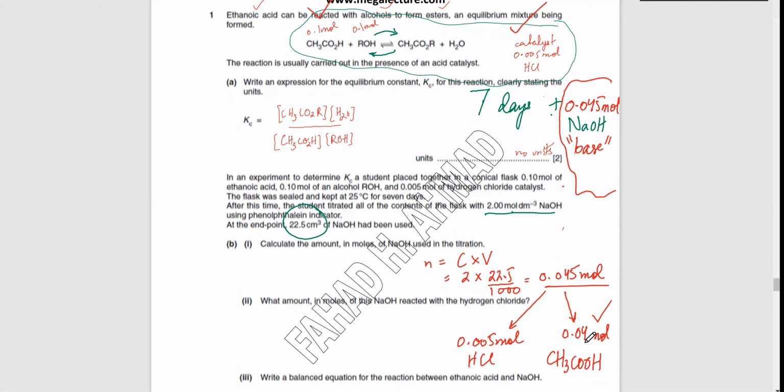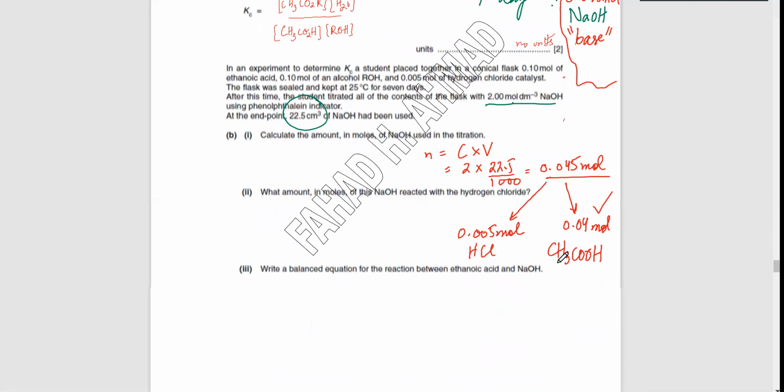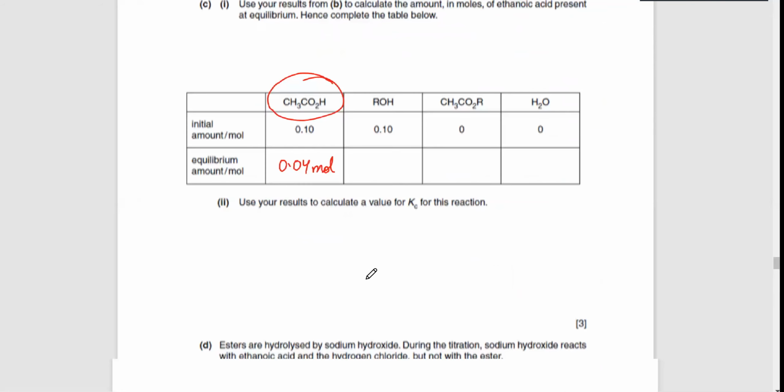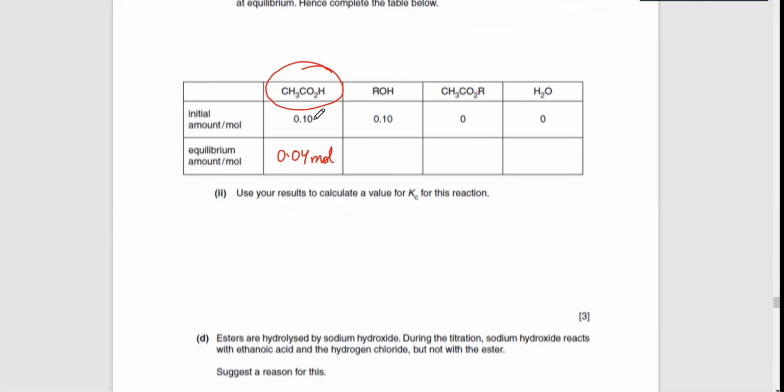So ethanoic acid moles must be 0.04 moles because that's the amount of NaOH that is needed, right? So although we initially added 0.1 moles, when we titrated at equilibrium, we figured out that the amount of moles of ethanoic acid is 0.04 moles.